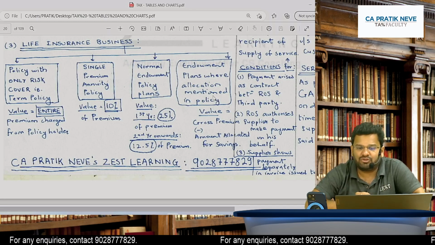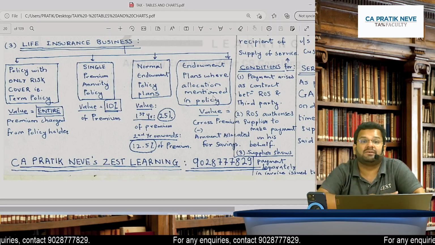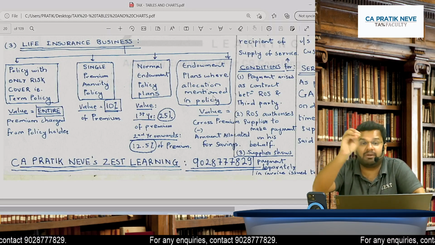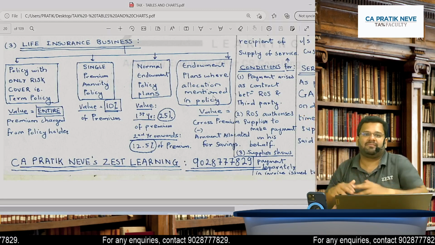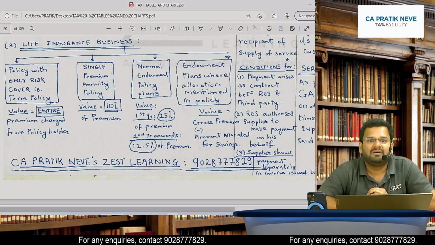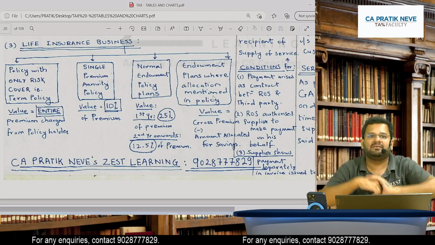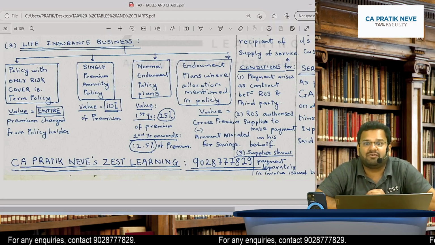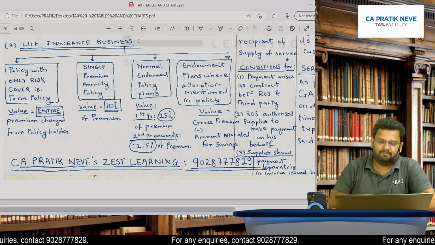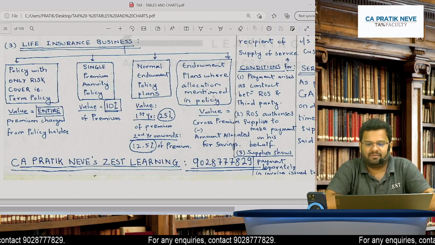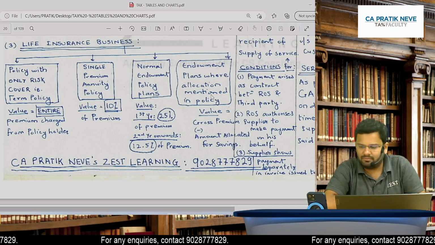And the most simple is where allocation is mentioned in the policy, where it is mentioned that so much is towards savings and so much is towards the policy, meaning life insurance. So you will pay GST only on the life insurance part, isn't it? Did you understand? Please let me know quickly in the chat window.